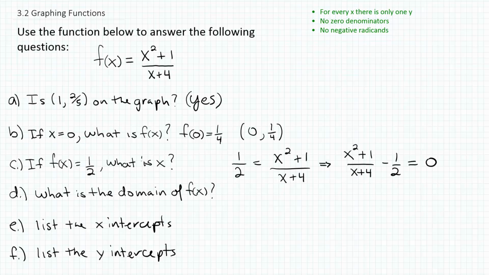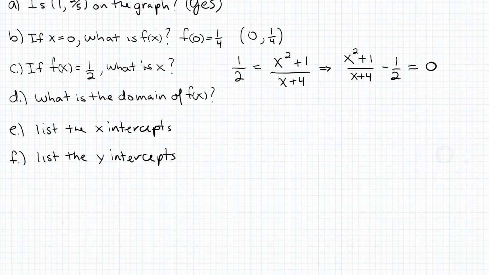Now, from here, it's helpful to get the common denominator for the function. So we'll say the common denominator is 2 times x plus 4. So we're simply going to multiply everything in the equation by 2 times x plus 4.